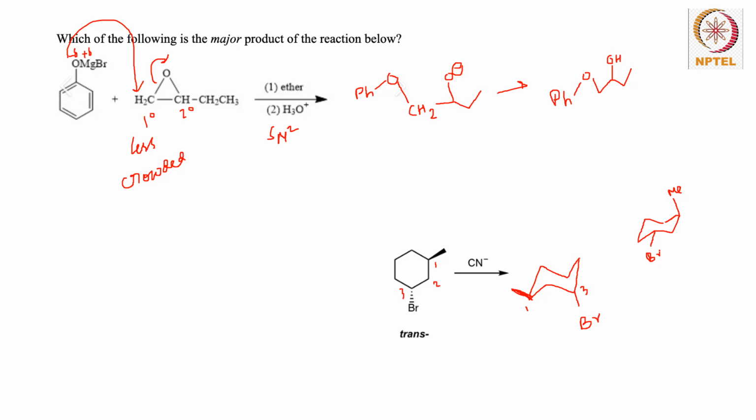Here this methyl undergoes a 1,3 syn-axial interaction with this hydrogen. That's why this structure is more stable than that structure.